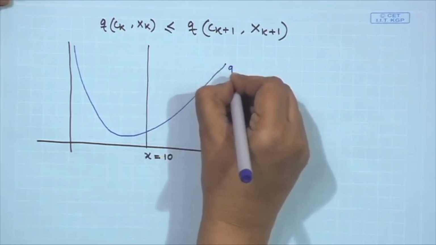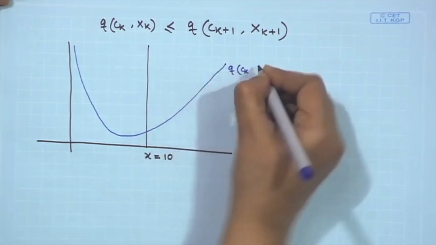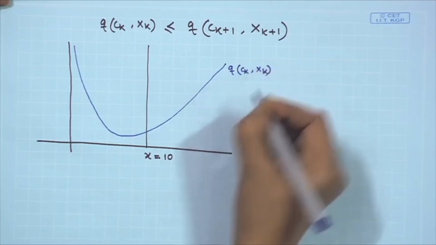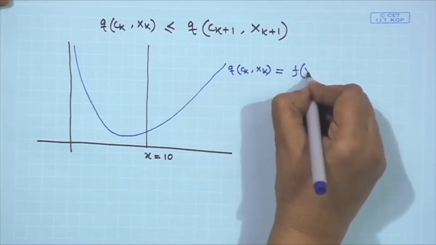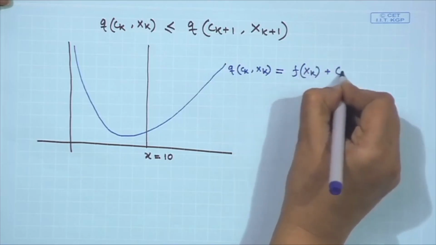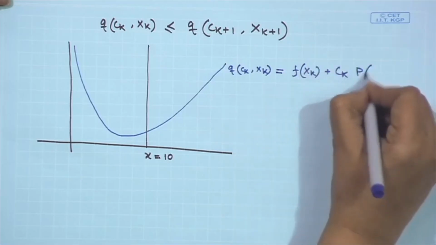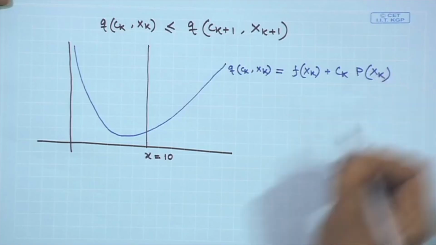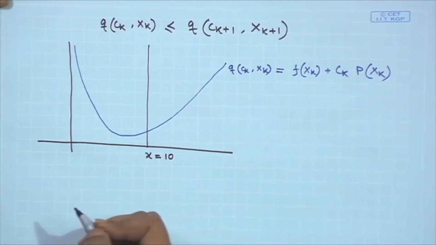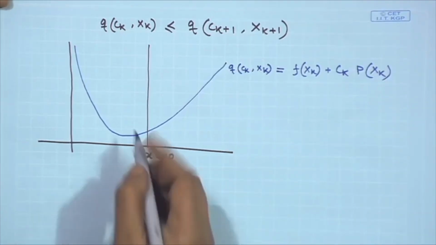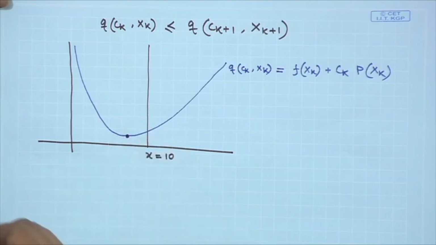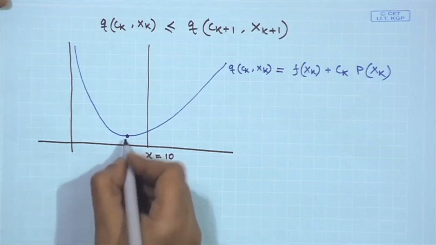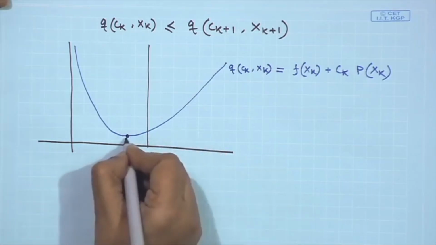Here this is q_{c_k}(x_k). q_{c_k}(x_k) means this is equal to f(x_k) plus c_k p at point x_k. All right, this is the function. Say we are getting the optimal solution here, because we are searching for the minimum of this unconstrained optimization problem.